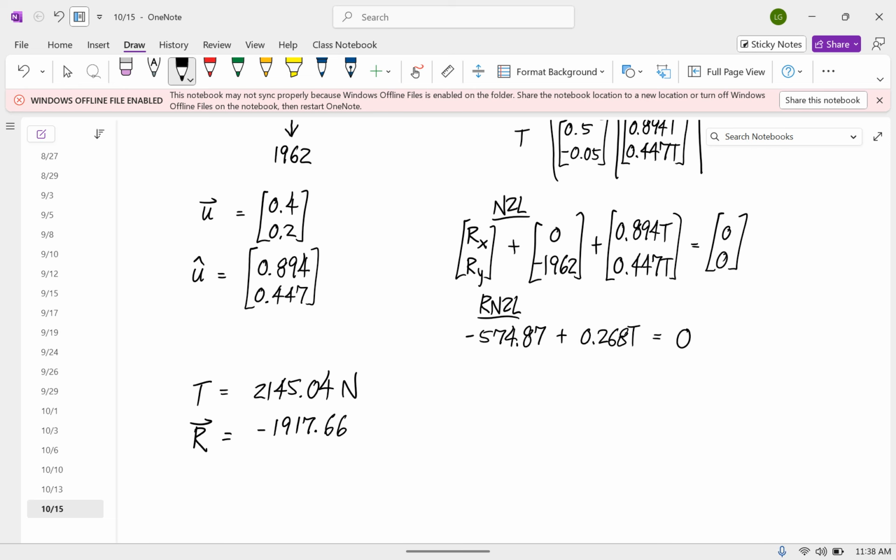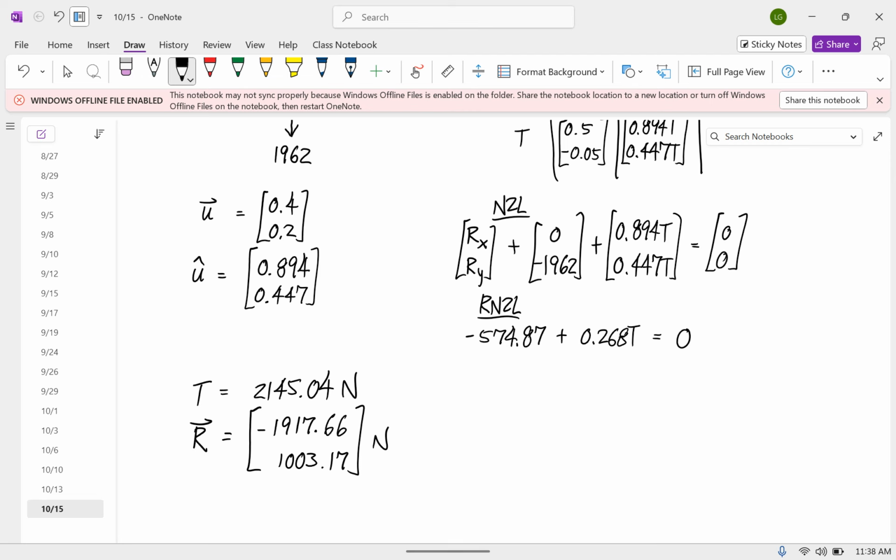And the Y component is 1003.17. And those answers would have been different if our centroid location was somewhere else.